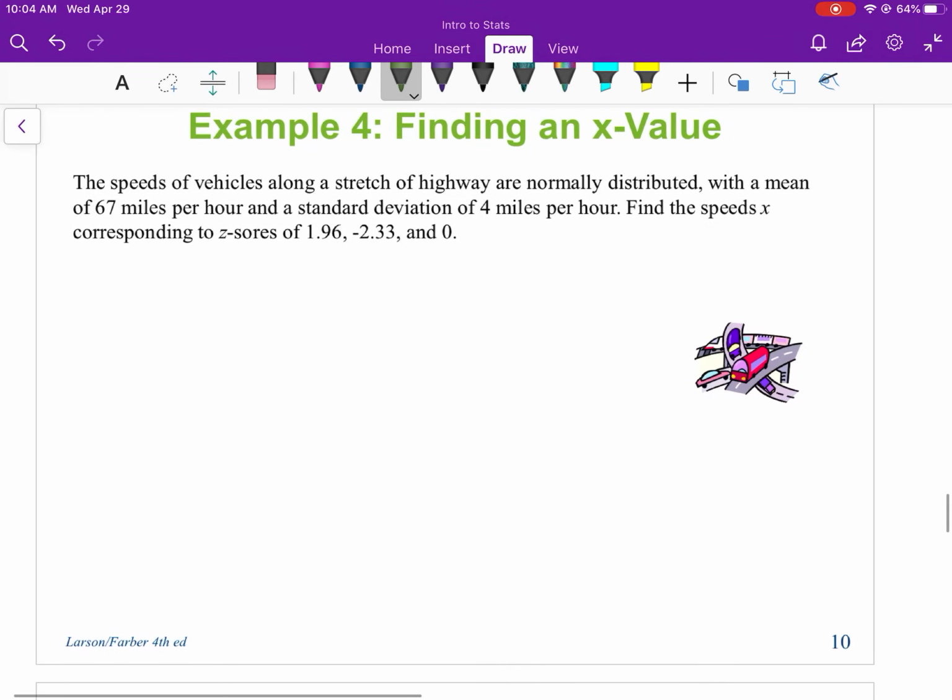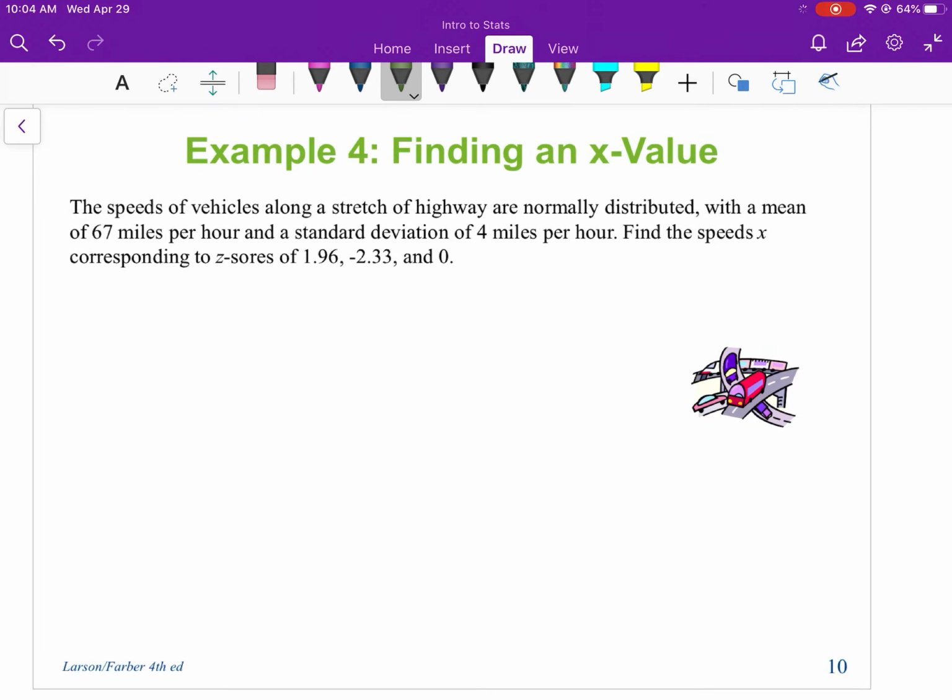Okay, it says the speeds of a vehicle along a stretch of highway are normally distributed. So we have the bell curve. The mean is 67 miles an hour. Standard deviation is 4. Find the speeds x corresponding to z-scores of 1.96, negative 2.33, and 0.